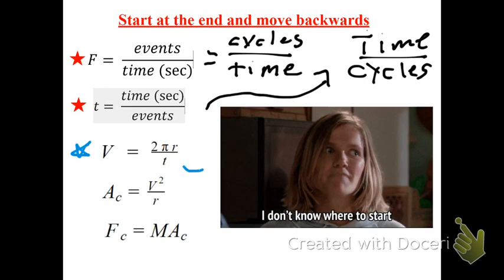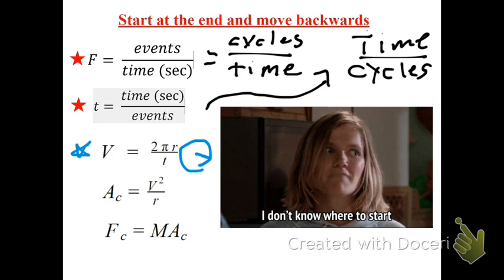And remember, the radius of a circle is from the center to one of the edges. So we don't want to use the diameter there, we want to use the radius. Most of the time, the question is going to give you the radius and not the diameter. However, just make sure every time that you are using the radius for that type of problem.